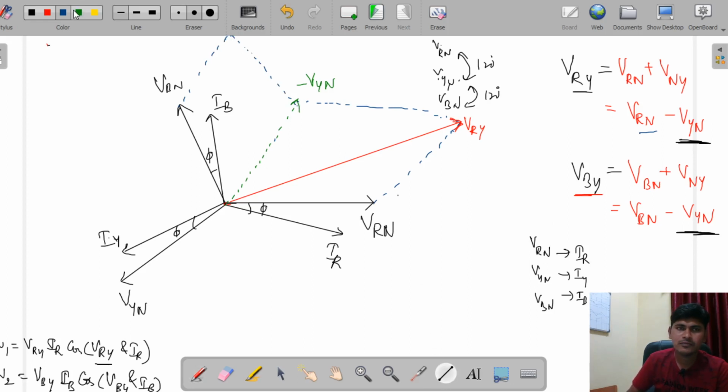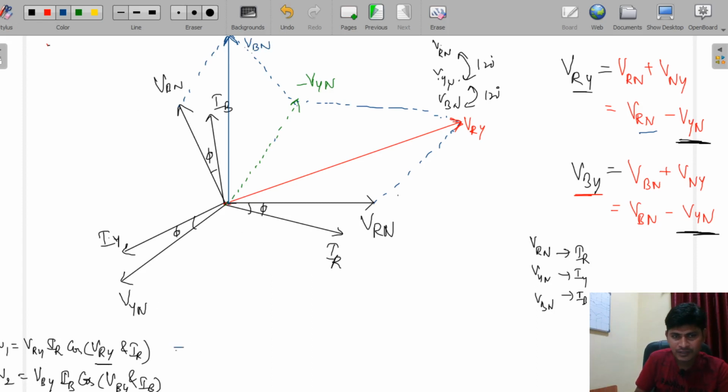Okay, so now the phasor sum of these two is what? This is VBY.